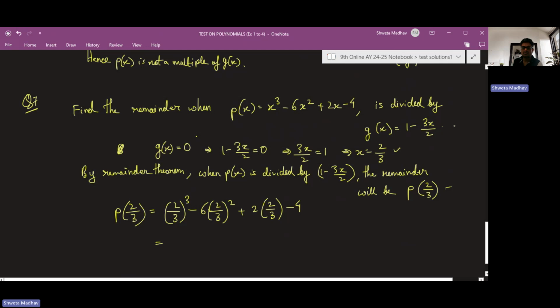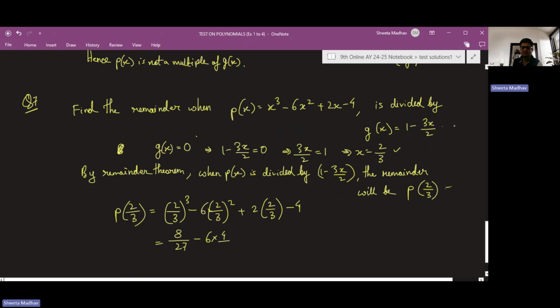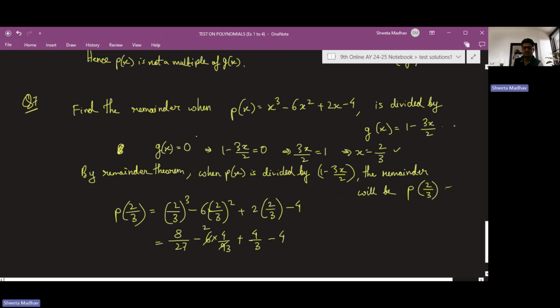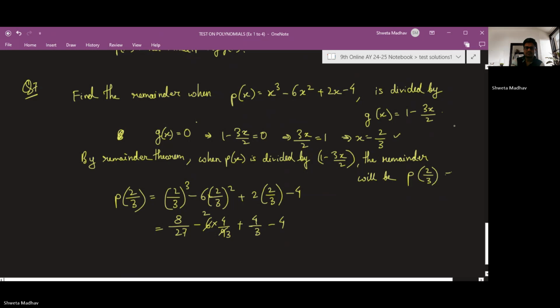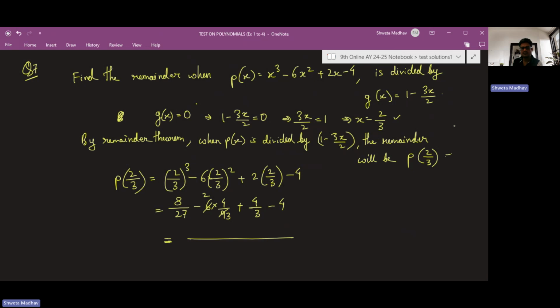So this will be 2 by 3 whole power 3, that is 8 by 27, minus 6 into 4 by 9, plus 4 by 3, minus 4. The LCM of the denominators is 27.